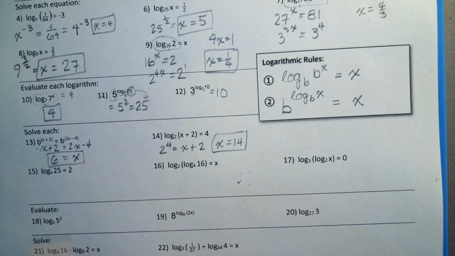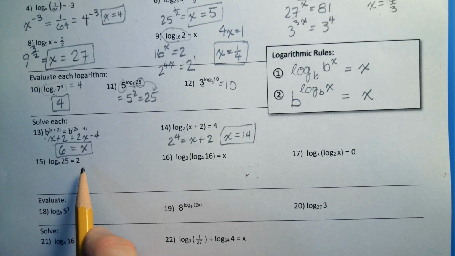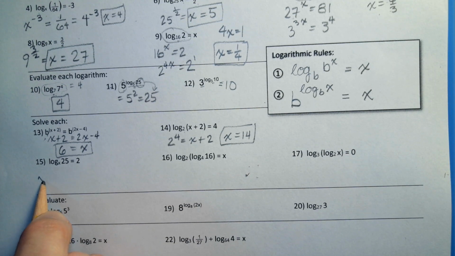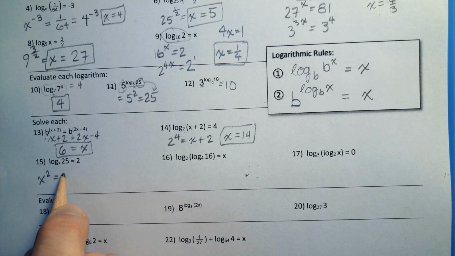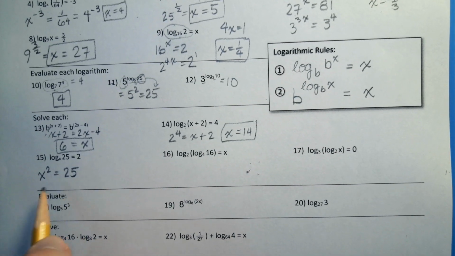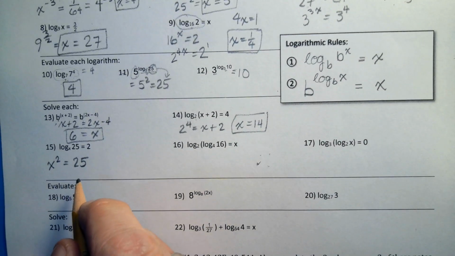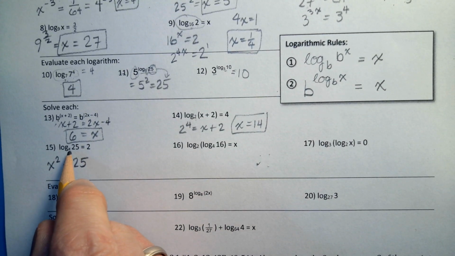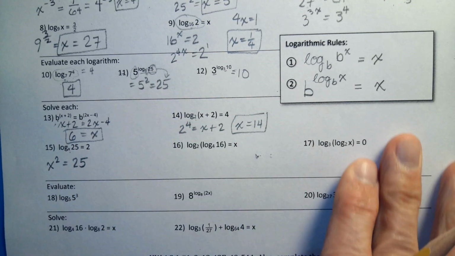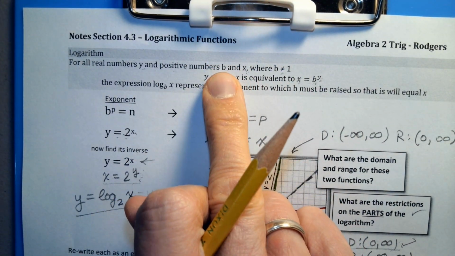All right, log base x of 25 equals 2. We want to find x here. So I can convert it: x to the 2 equals 25. Now we would take the square root of both sides. Normally we would say plus or minus 5. But x in this case is the base of a logarithm, and you remember our rule up here: the base has got to be a positive number.